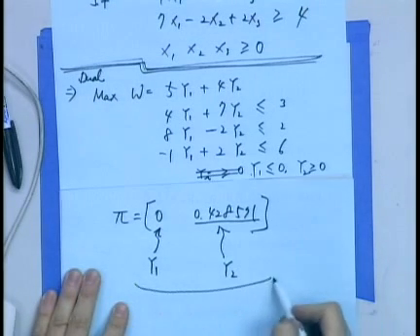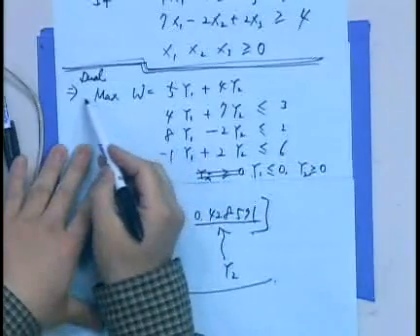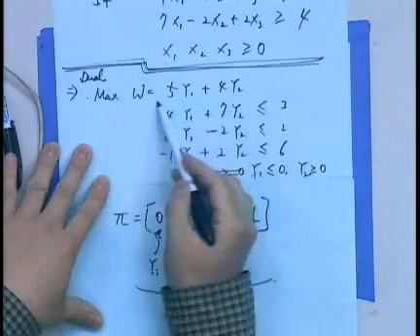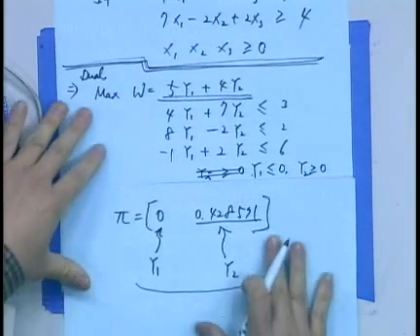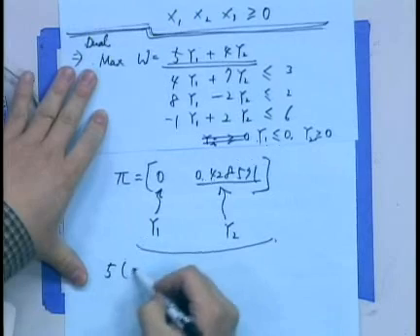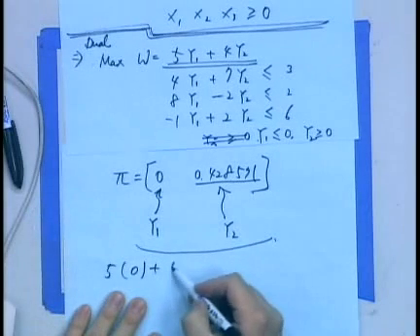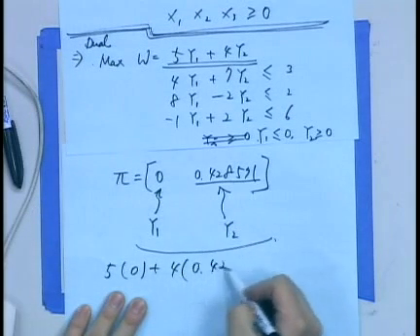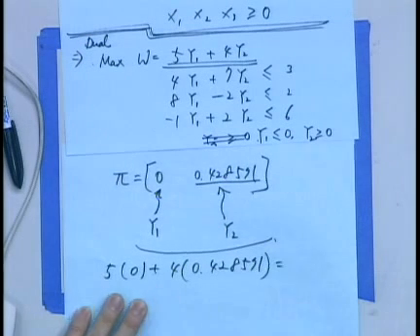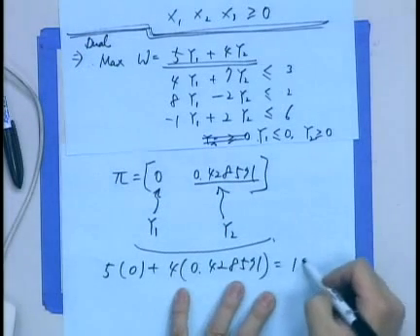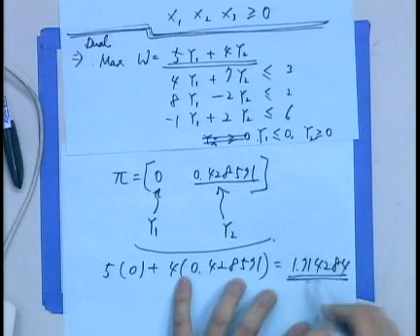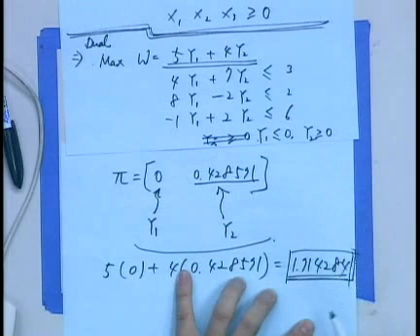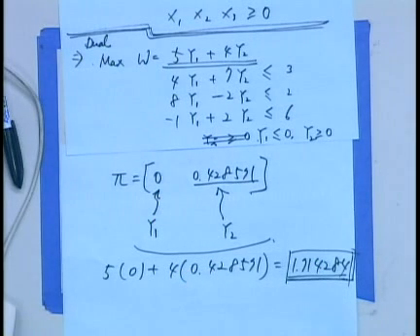And with these values, y1 and y2, you can get the optimal objective function value in the dual problem too, which is 5 times 0 plus 4 times this value, 0.428571, which must be 1.714284. And this must be exactly the same as the objective function value in the primal problem. Okay?